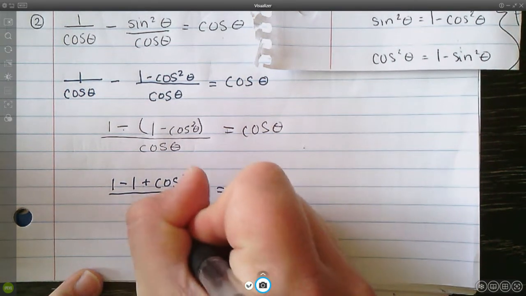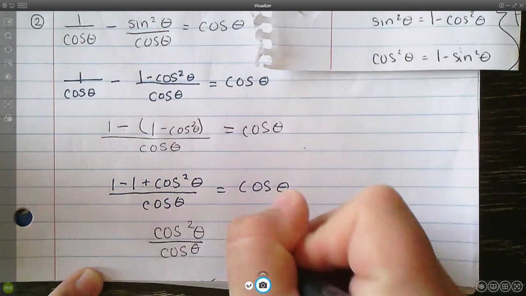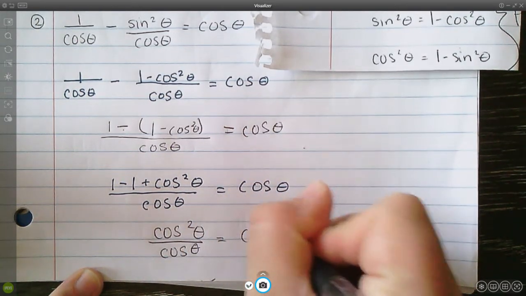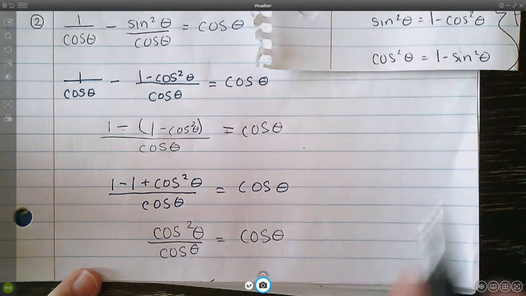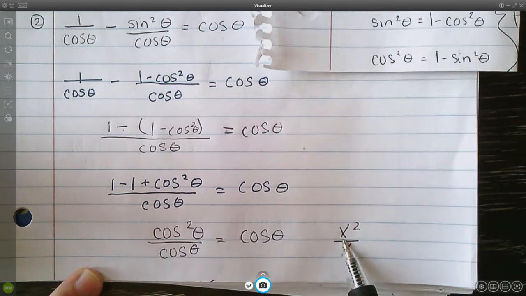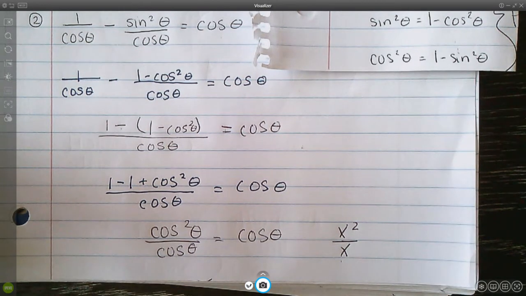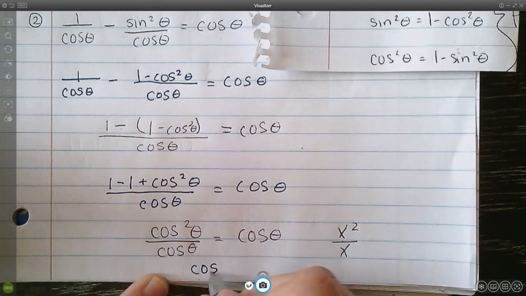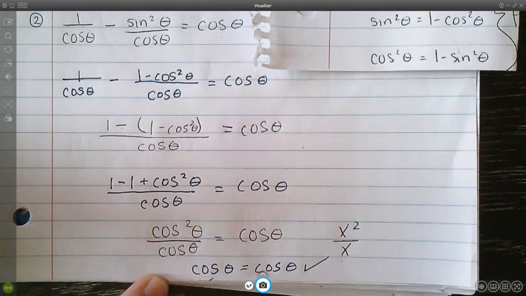And then we have cosine squared theta over cosine theta equals cosine theta. And then this is similar to saying like x squared over x. So x squared divided by x is just x. So one of these cosines crosses out, and you're left with cosine theta equals cosine theta, and you are done.